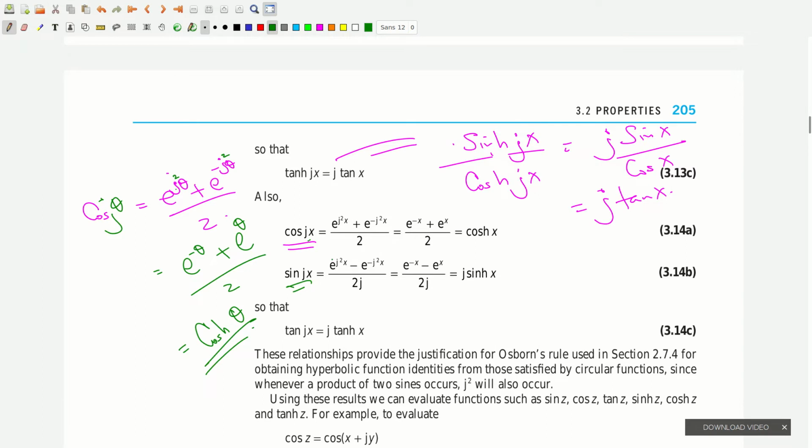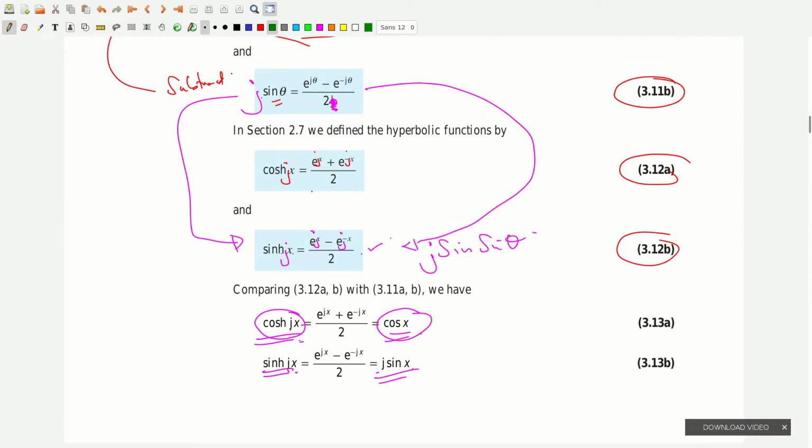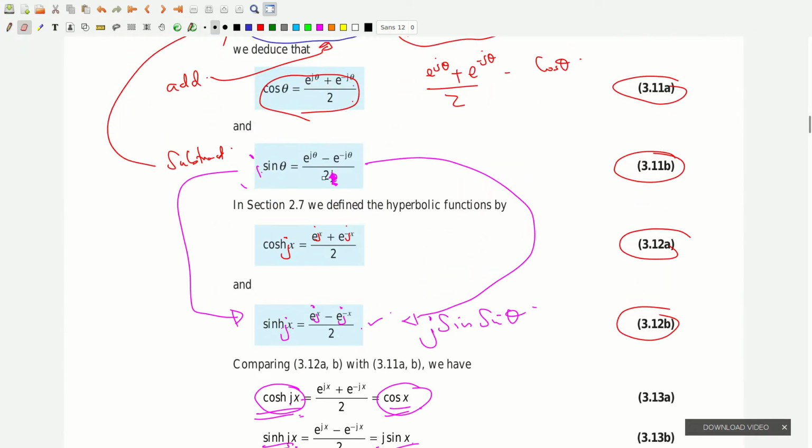We just multiply by the j from this result here. We know that sine θ is that, therefore sine jθ is going to be, we'll do that squared and then squared.